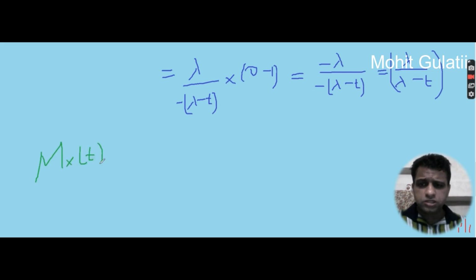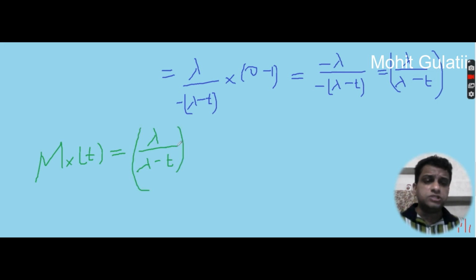M_X(t) is equal to lambda over lambda minus t. Here you must remember that any moment generating function should be a positive function, and this function will be positive if and only if t is smaller than lambda.